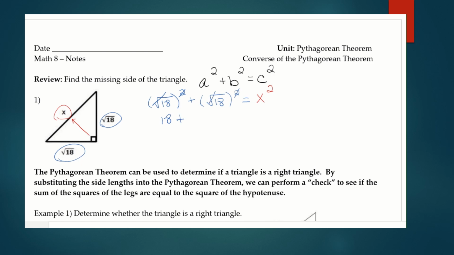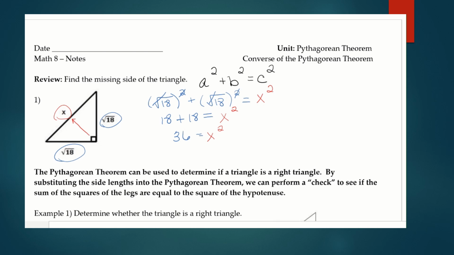Our squared is going to cancel out our square root, leaving us with just 18 once again. Now that right side of the equal sign just stays x squared. Continuing to simplify the left side, 18 plus 18 is 36, and I set that equal to the right side, which is x squared.